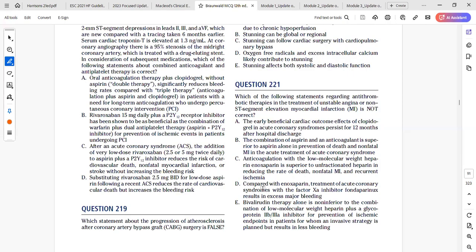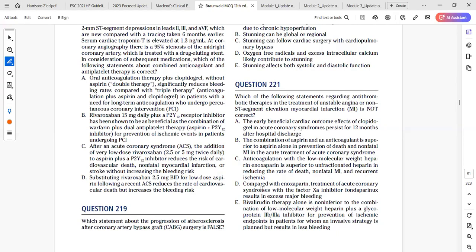This trial had 3 arms where the vitamin K antagonist plus dual antiplatelets was used in 1 arm, and then the second arm, low dose rivaroxaban of 15 milligrams plus P2Y12 receptor inhibitors were used, and then the third arm, low dose rivaroxaban 2.5 to 5 milligram BD plus a P2Y12 receptor inhibitor were used.